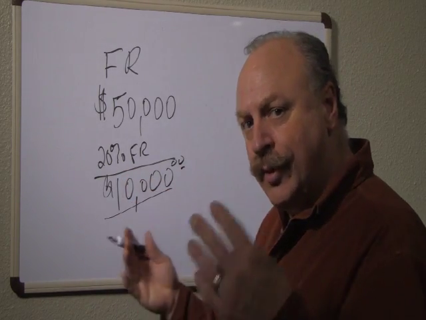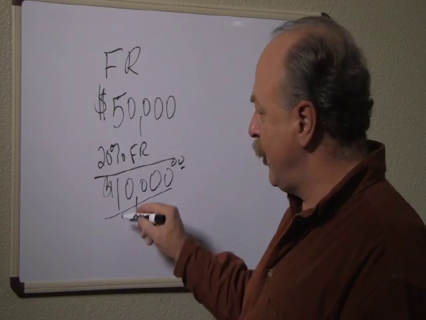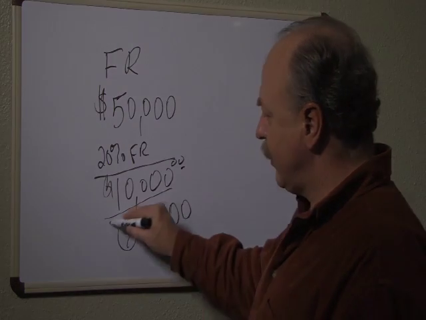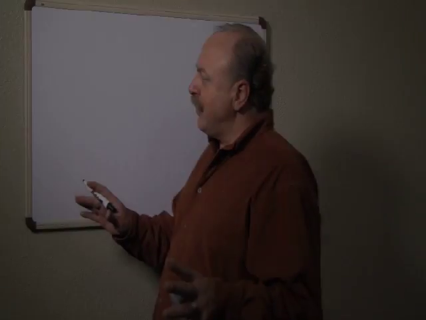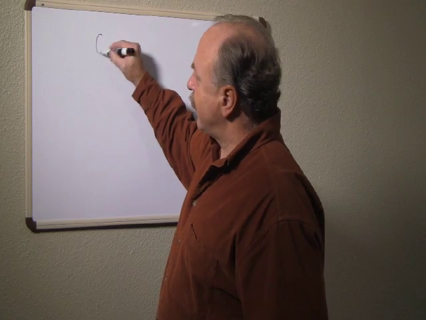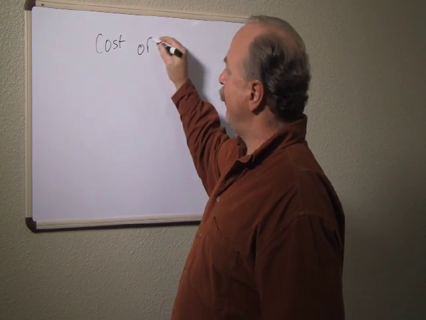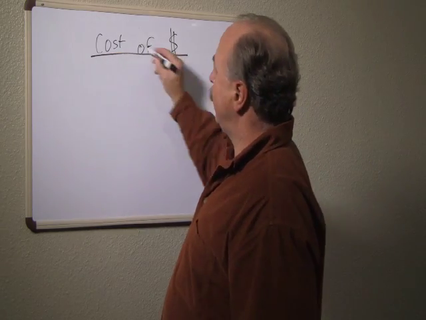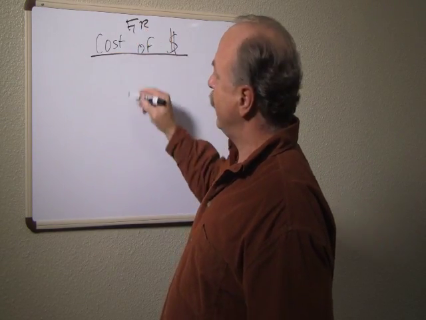So what the consumer would be paying back on this product would be a gross total of $60,000. So factoring rate again is the cost of the money.